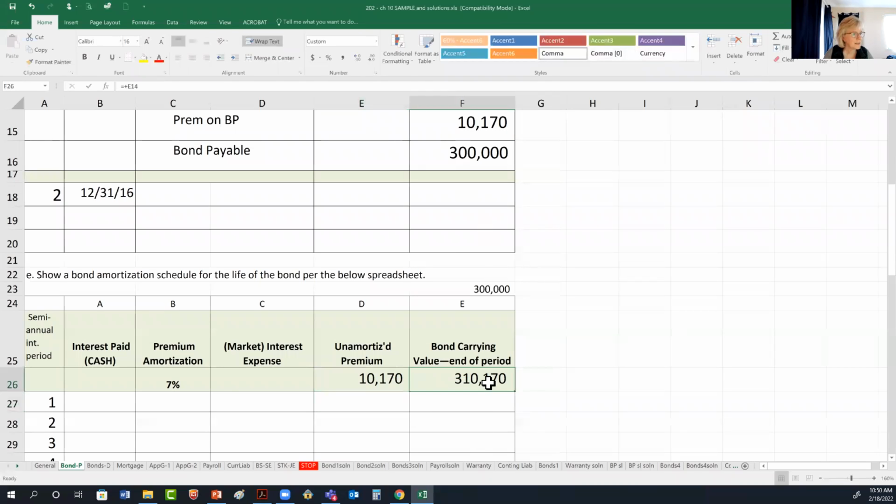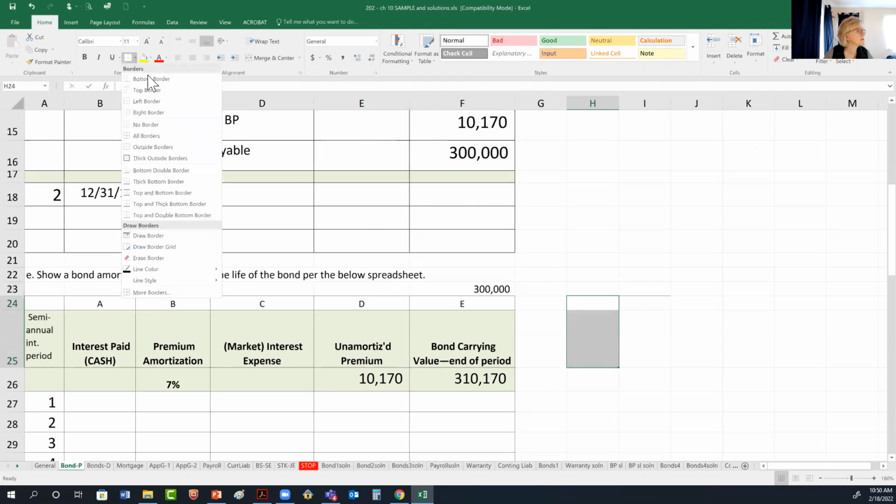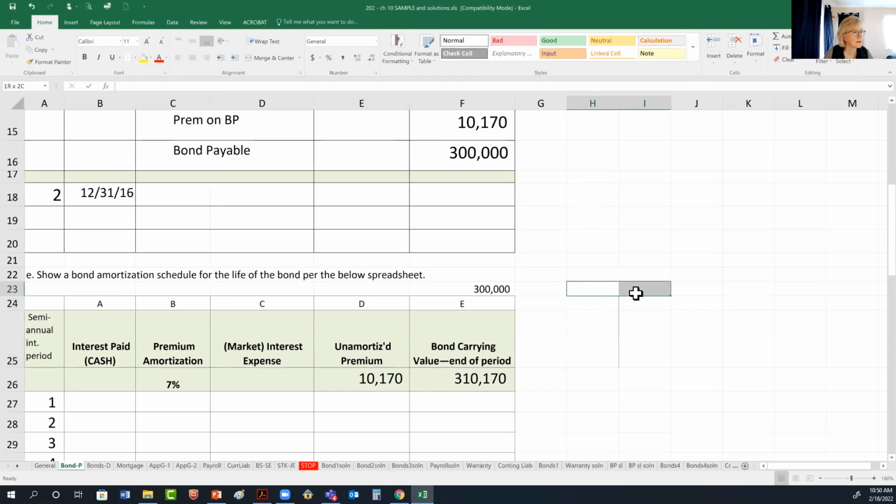So this 310 is equal to, now remember, if you think of these as T accounts, the bond payable account currently has a $300,000 balance in it. The premium on bond payable has a 10,170 balance in it.